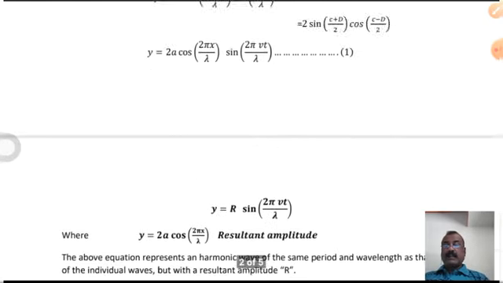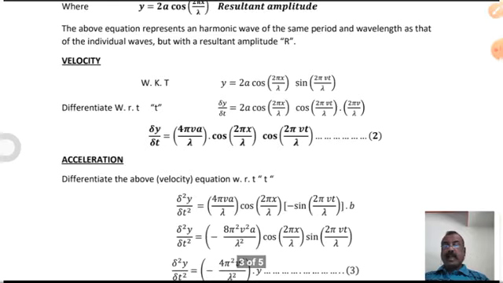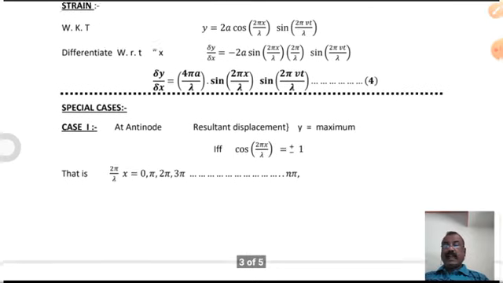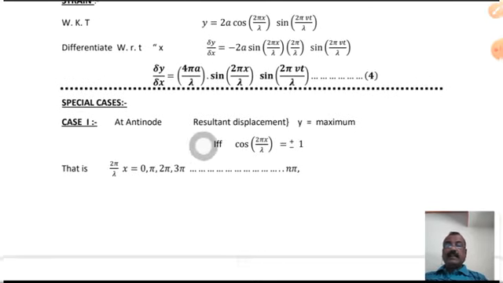At antinode, we can write the resultant displacement y should be maximum. Y should be maximum at antinode. Y is maximum if and only if cos 2 pi x by lambda is equal to plus or minus 1.